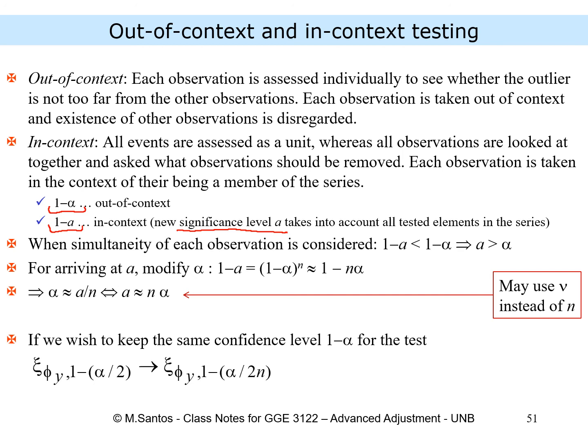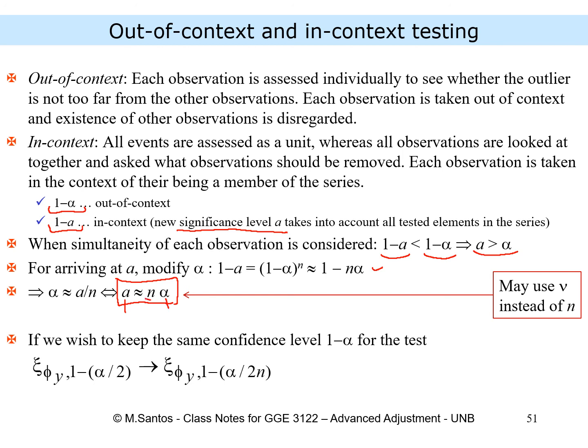So what we are going to have here is that 1 minus A will be less than 1 minus alpha. In other words, A is greater than alpha. So we can consider it more rigorous testing. From this expression, we can make this development. We are going to arrive at the simple expression here that relates the significance level of the in context and the significance level of the out of context.